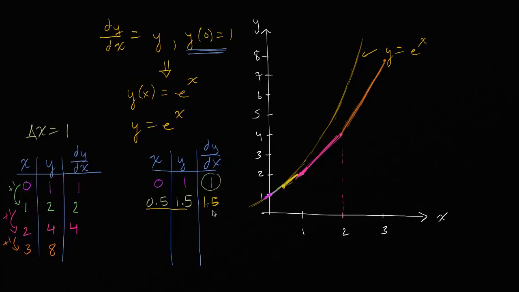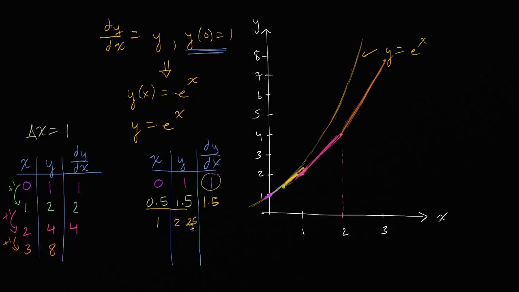And what you would see if you kept doing this process, so if your slope is now 1.5, when you increment x by another 0.5, you get to 1. So now if you increment by 0.5 and your slope is 1.5, your y is going to increment by half of that, by 0.75, and so you're going to get to 2.25, which is this point right over here.